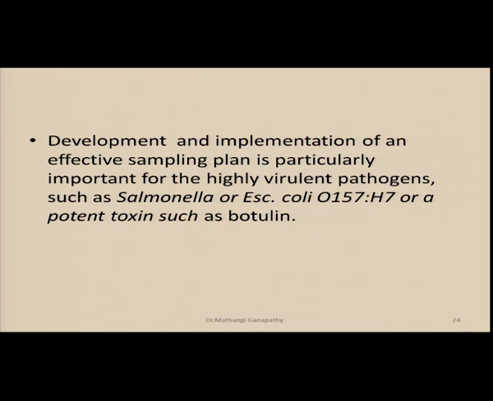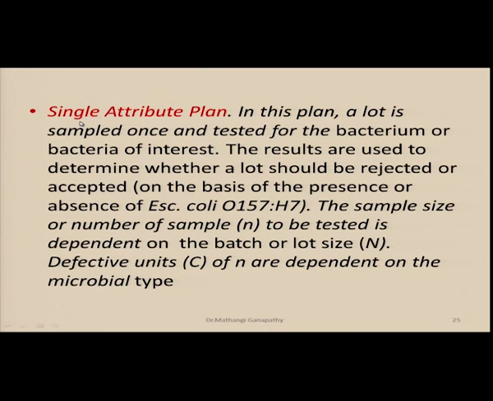It is a waste, it is not fit to be consumed. So, whatever plan you are implementing for your experimentation, its development and implementation is very, very important, especially when we are talking about extremely virulent food pathogens.